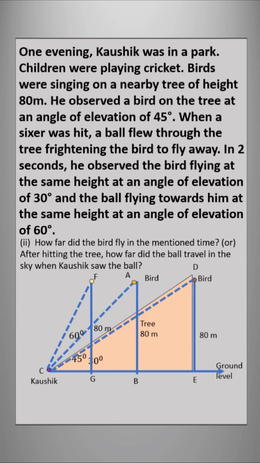Now we have found out that CE is equal to 80 root 3 meters and CB is equal to 80 meters. So BE is equal to CE minus CB, that is equal to 80 root 3 minus 80, that is equal to 80 common, root 3 minus 1 meters.